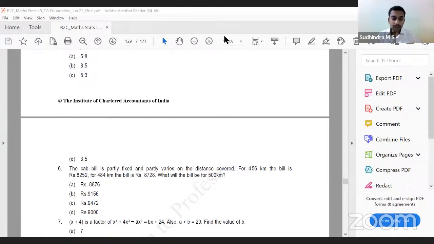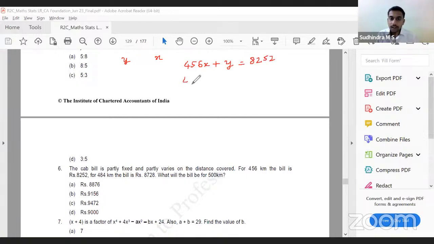So it's partly fixed and partly variable. The fixed component, we'll consider it as y, and the variable component, I'll consider it as x. So in the first equation, 456 kilometers, 456x plus fixed y will be equal to the total bill, 8252.